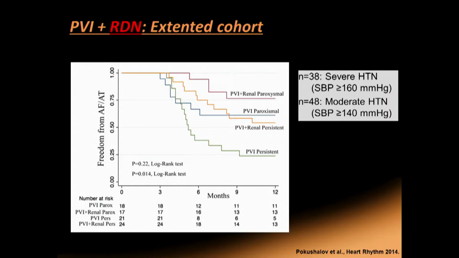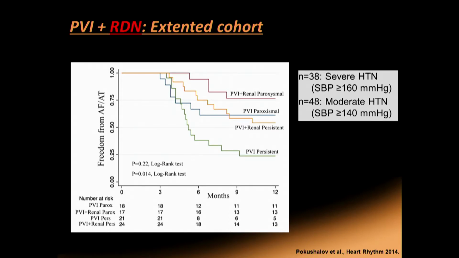Pokushalov et al. tested in how far renal denervation can have an impact on pulmonary vein isolation. They had two groups, patients with paroxysmal and persistent atrial fibrillation, and in this study, the combined treatment with PVI plus renal denervation was superior over PVI alone as far as success rate is concerned, and this was observed in both paroxysmal and persistent atrial fibrillation.